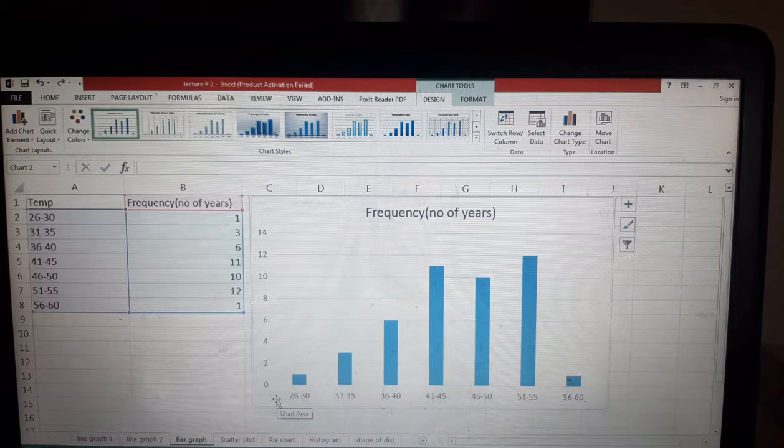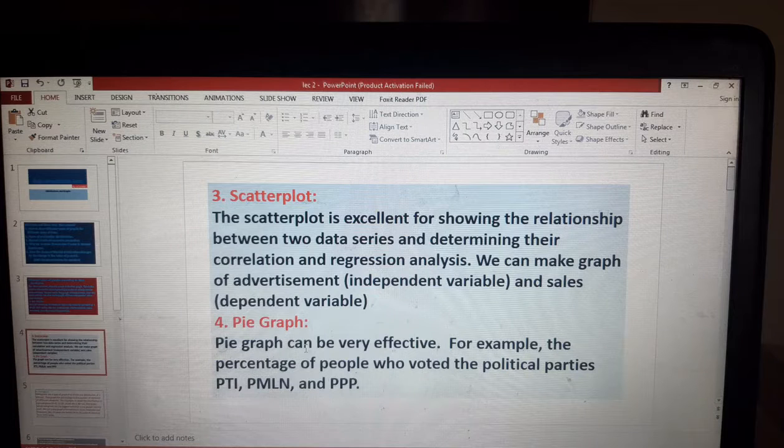On the x-axis we have the class intervals of temperatures, and on the y-axis we have the frequency. Scatter plot. The scatter plot is excellent for showing the relationship between two data series and determining their correlation and regression analysis. We can make a graph of advertisement, the independent variable, and sales, the dependent variable.